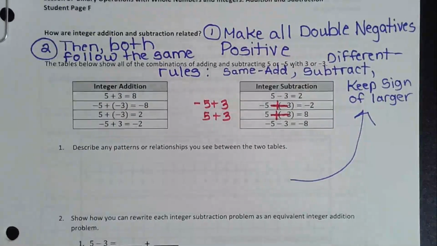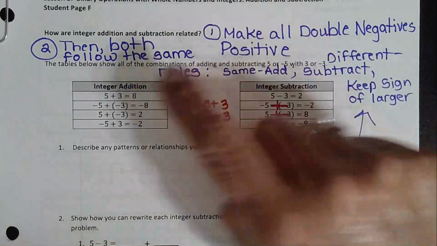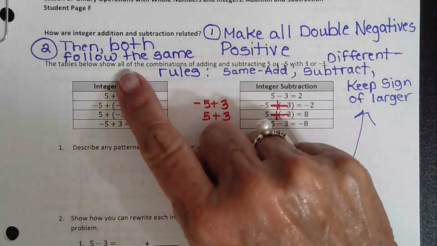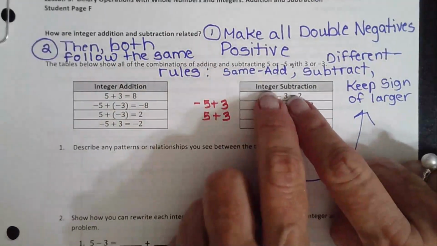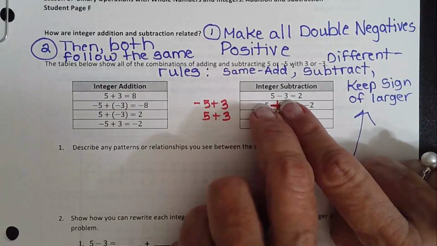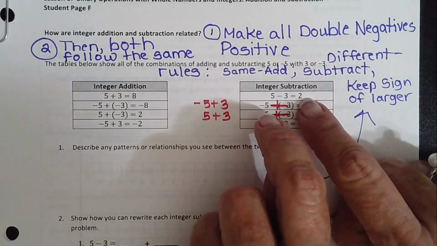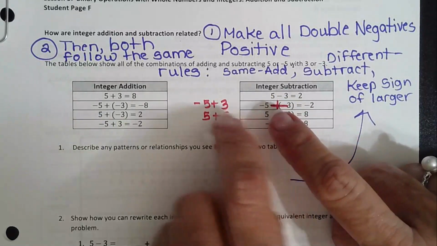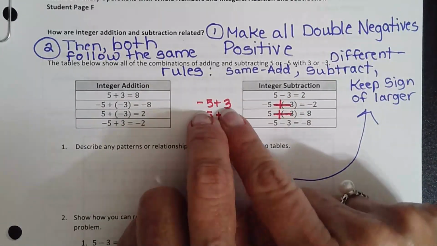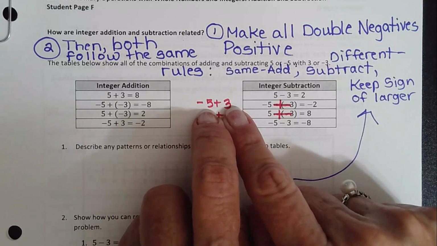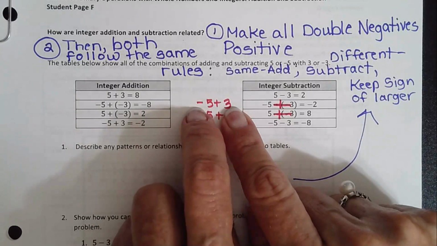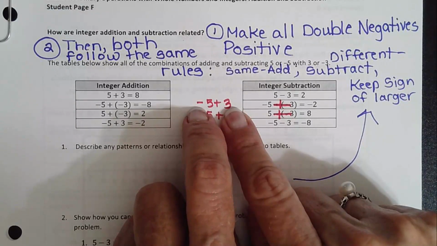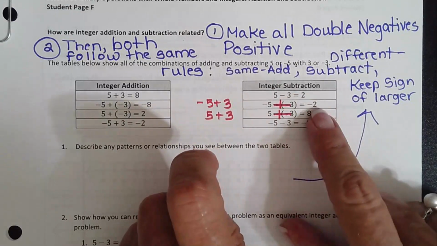And then after we did step 1, now they're the exact same set of rules. Different signs, a positive 5, a negative 3, subtract, keep the sign of the larger, plus. Negative 5 plus 3, different signs, subtract, keep the sign of the larger, negative. So 5 minus 3 is 2, so your answer would be negative 2.